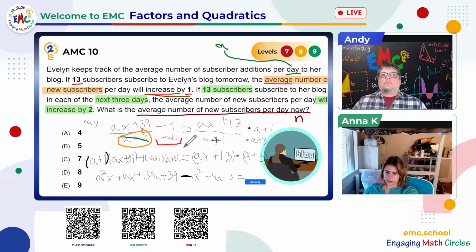A squared X plus 13A plus 3AX plus 39. What can we eliminate off both sides? Instantaneously, these two.